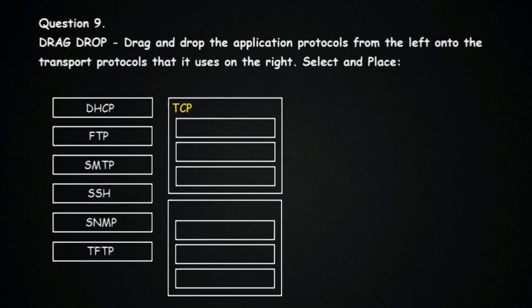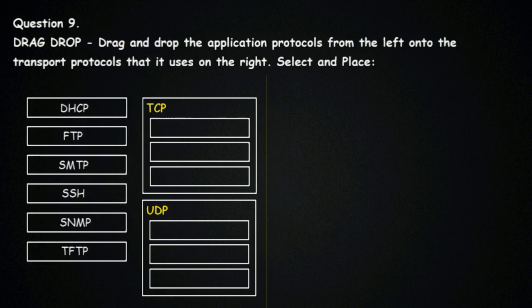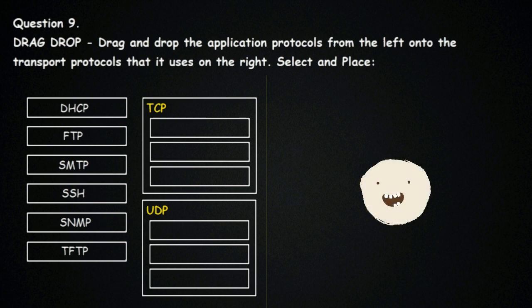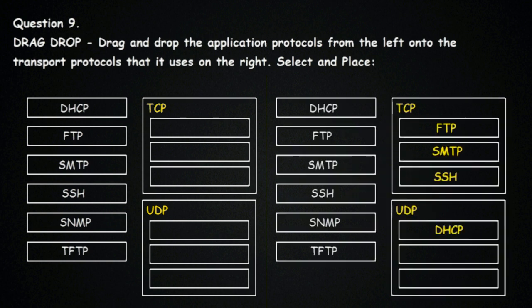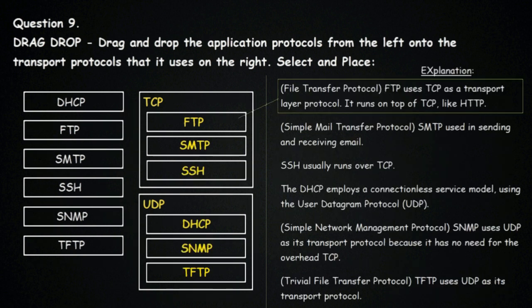Question 9. Drag and drop the application protocols from the left onto the transport protocols that they use on the right. Select and place. Let's see the answers. FTP uses TCP as a transport layer protocol.